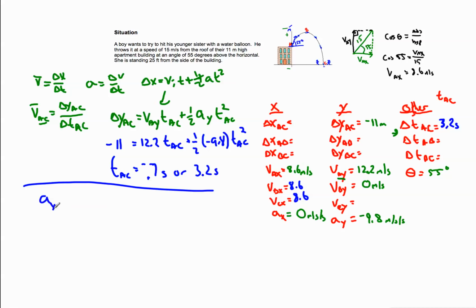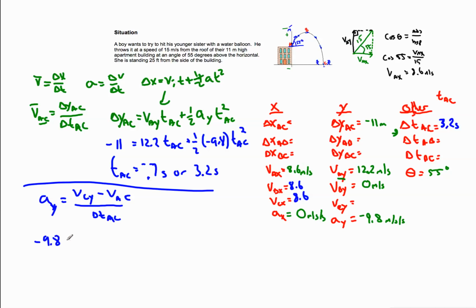So a sub y should equal the velocity at c in the y dimension minus velocity, and I'm going to use back at a because that's what I know, but I could maybe use at b, and then this is going to be the time from a to c, which we just figured out. Let's put our variables in.